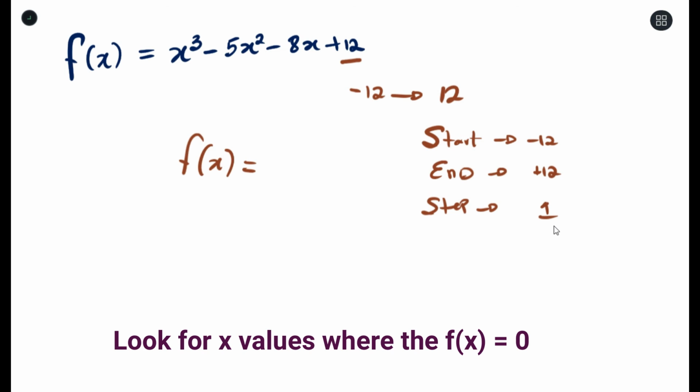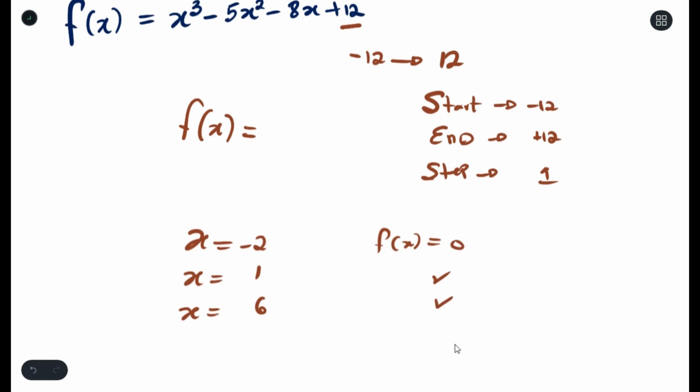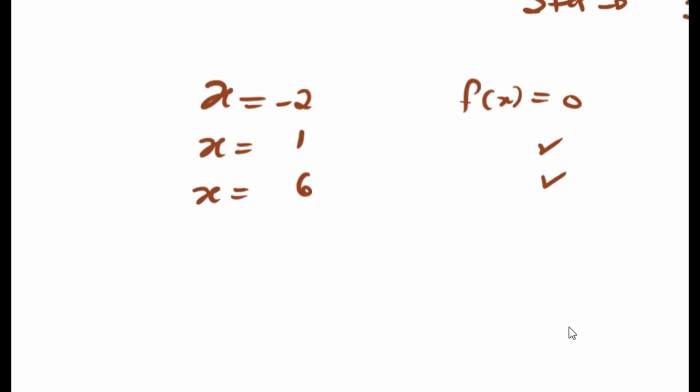Now, the first one I see here is negative 2 because at negative 2, f(x) is 0. I also see x equals 1, also the same thing, and the last one was x equals 6. I also see the same thing. Now, these are the three values that you can get.